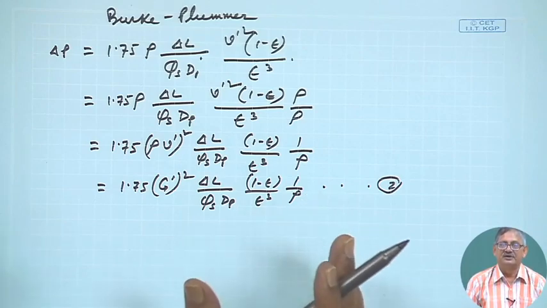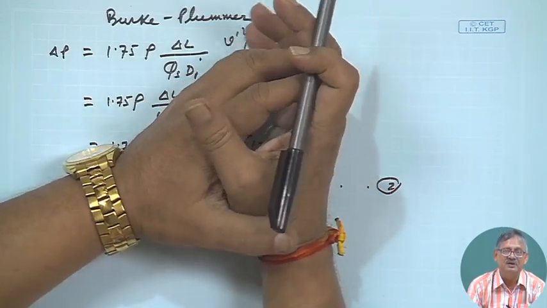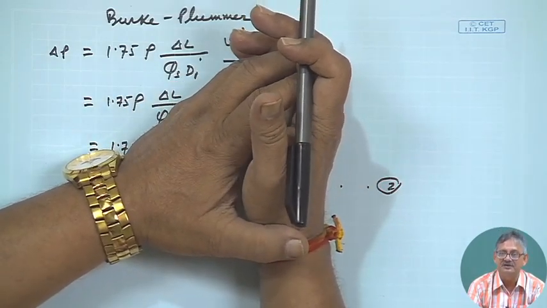Blake-Kozeny is valid for NRE less than 10, and we started with laminar flow. Burke-Plummer is for turbulent flow, valid for NRE greater than 1000.